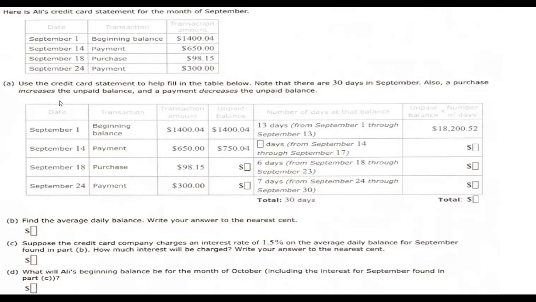In the second table in the middle, you have the date, the transaction amount, the unpaid balance, the number of days at that balance, and then the unpaid balance times the number of days. So we need to fill out this chart and answer these questions.